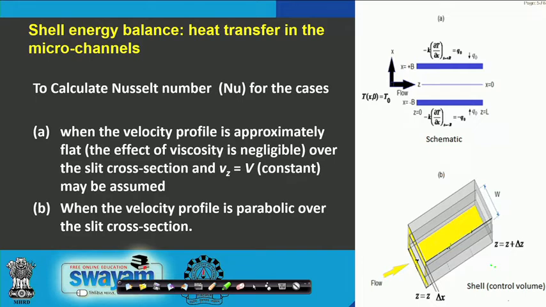Another case we have considered is a parabolic profile throughout the cross section, and this parabolic profile has the effect of viscosity.